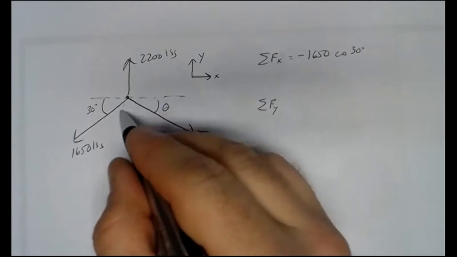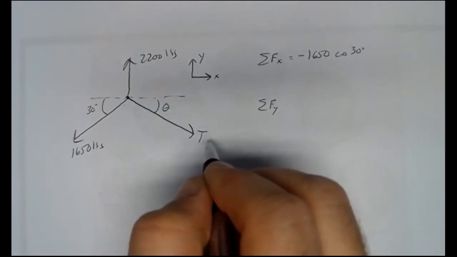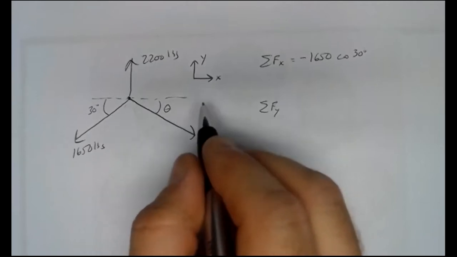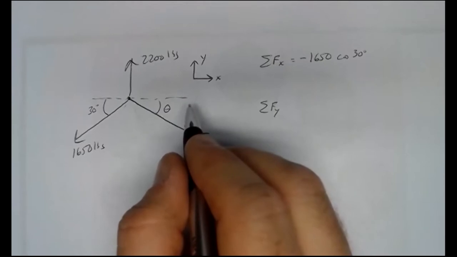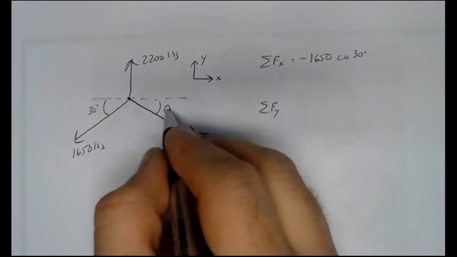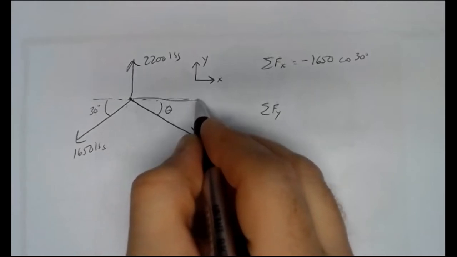And then we get to our unknown. And this is where you can make or break the problem. If you try to do T cosine theta and T sine theta, you're probably going to end up with a set of equations that's going to be hard to solve. Instead, whenever you don't know anything about the force, magnitude or direction, break it up into components instead.